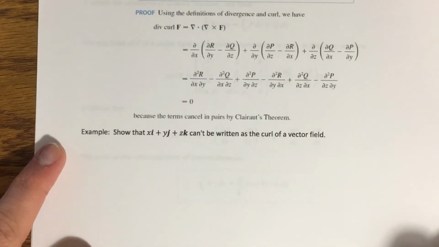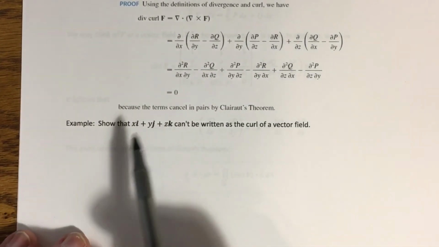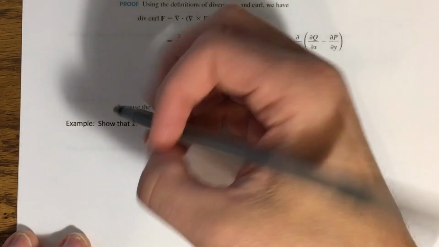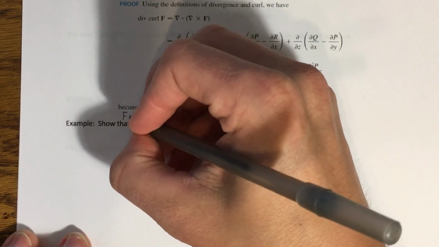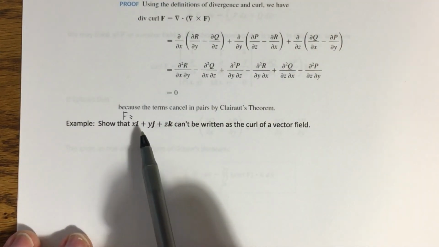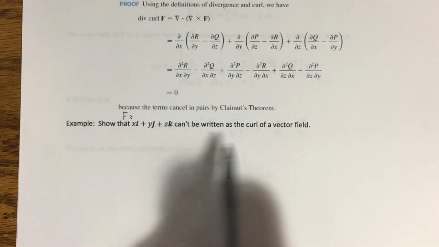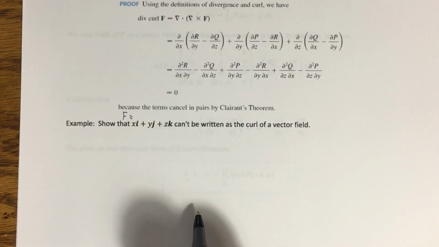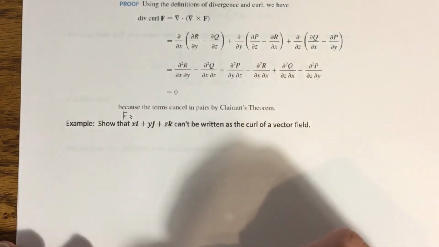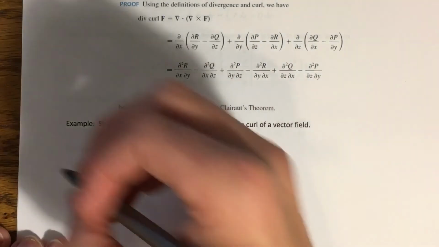To show a quick application of this, I want to show that the vector field F equals xi plus yj plus zk cannot be written as the curl of a vector field. So what we do is we say, suppose that it could.